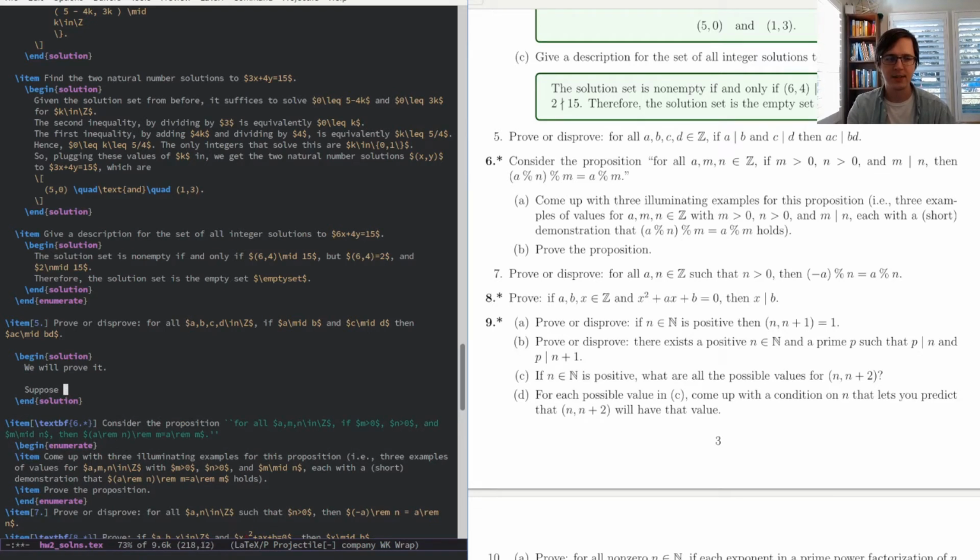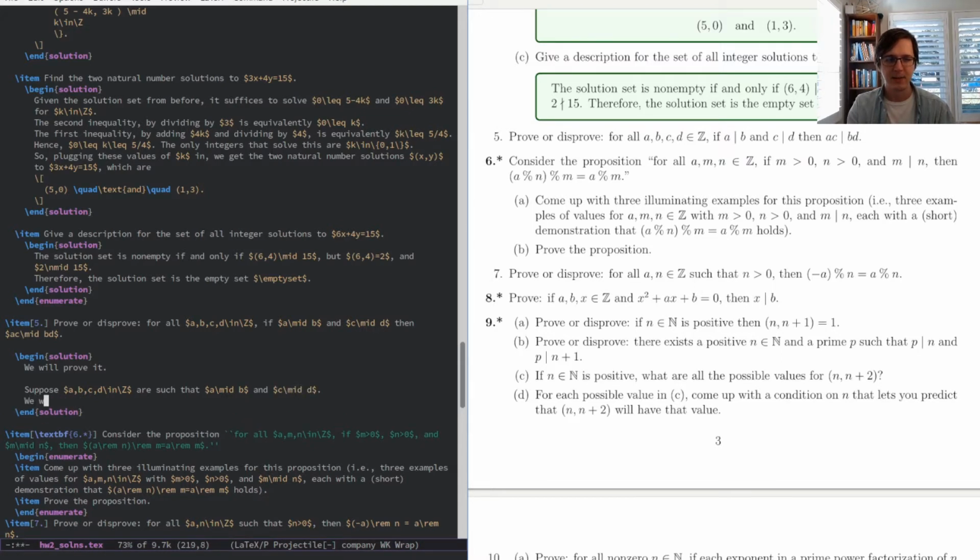So suppose a, b, c, d are integers such that a divides b and c divides d. We will show that ac divides bd.